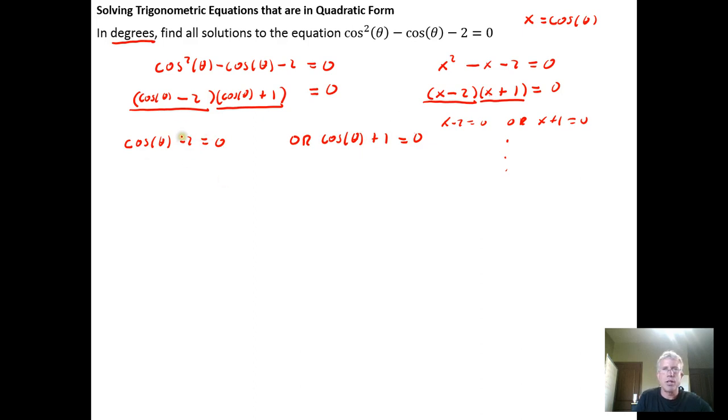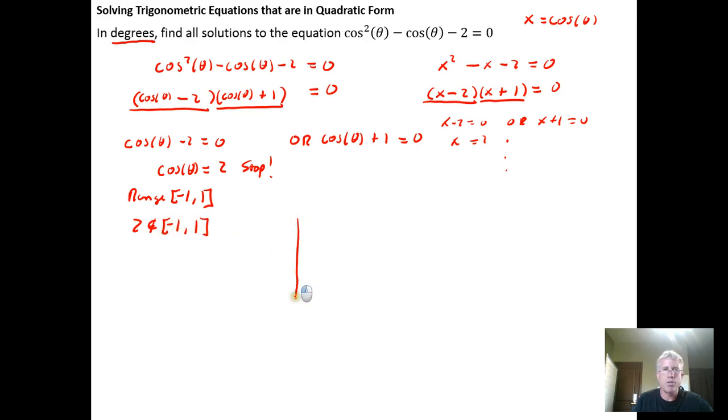And then if we start trying to solve this, we would add 2 to both sides, and then we would be done. So here, same strategy, isolate the cosine function. We get cosine of theta equals 2, and here you want to stop. Why? Well, the cosine of theta, the range, only gives outputs between -1 and 1 on the unit circle, and 2 is not in the range of the cosine function. 2 is not an element of the interval from -1 to 1.